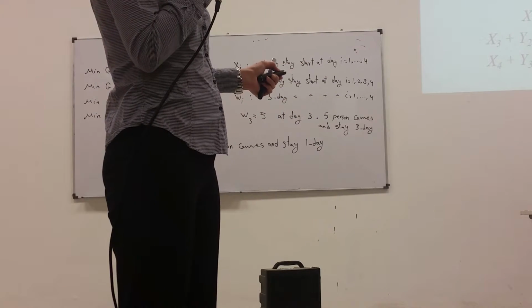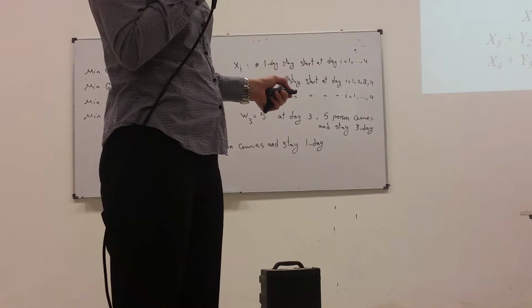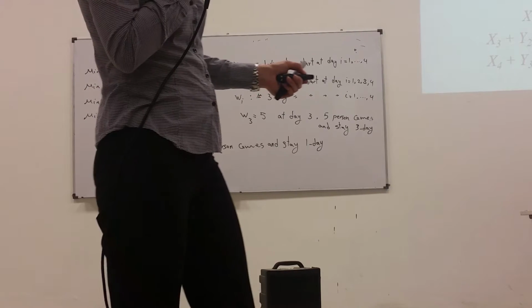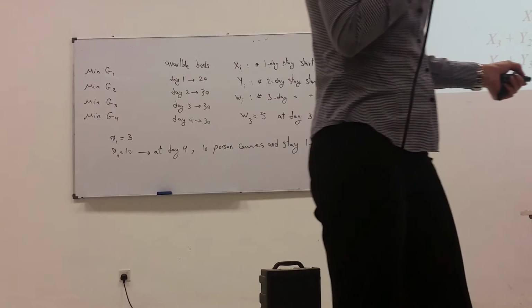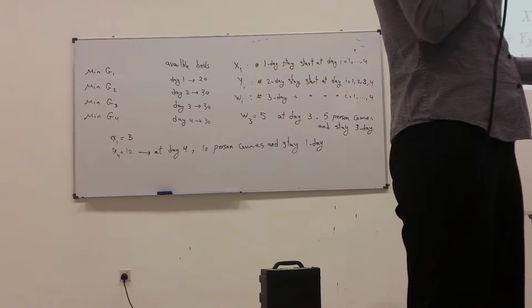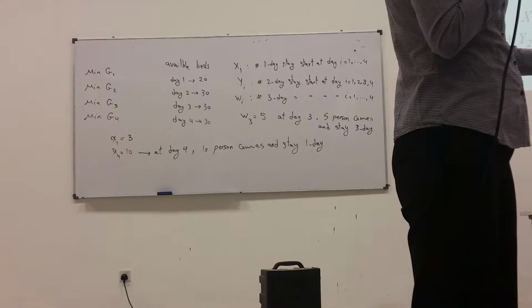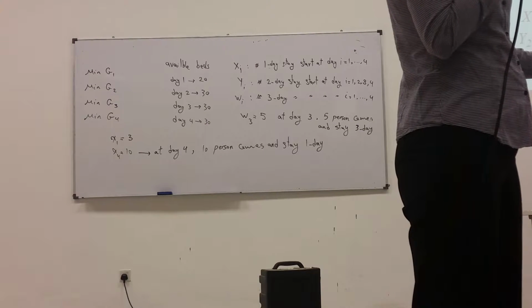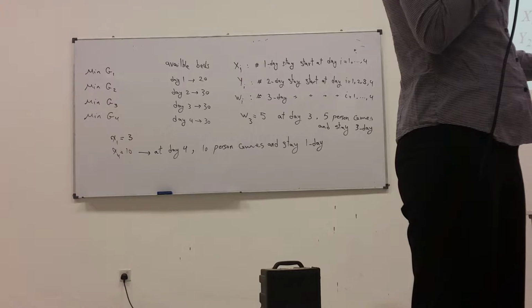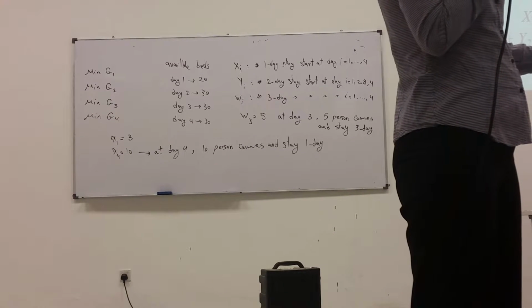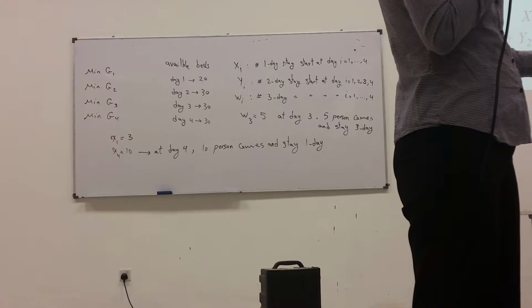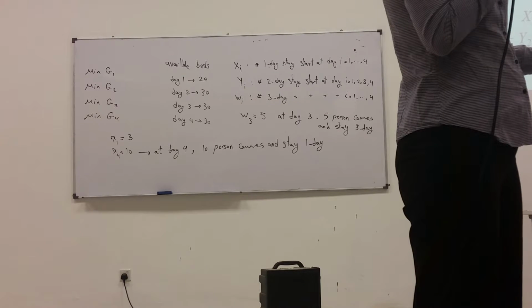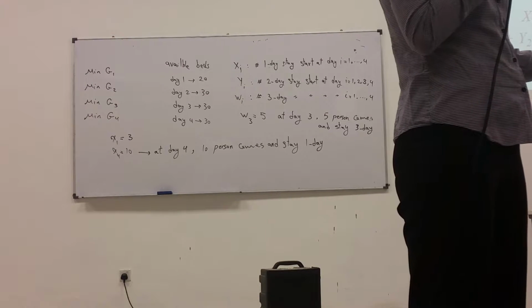After you add deviational variables to all the goals, then you look at the original constraints. The original inequality for all of them is less than or equal. You see on the right whiteboard, the original goals are less than or equal for all of them.